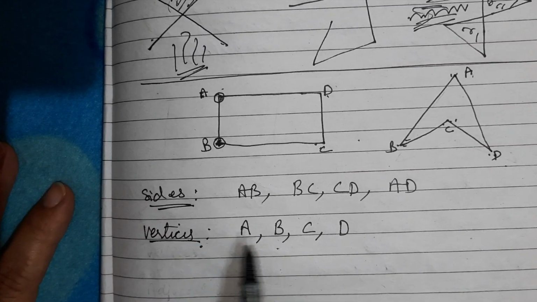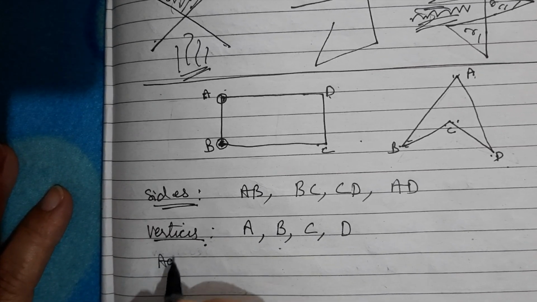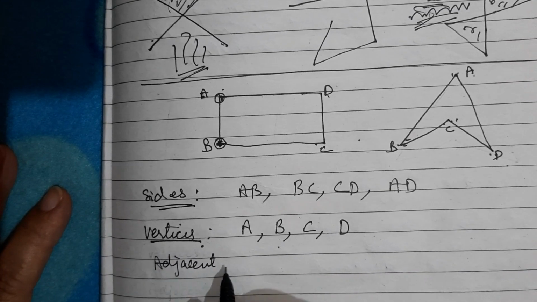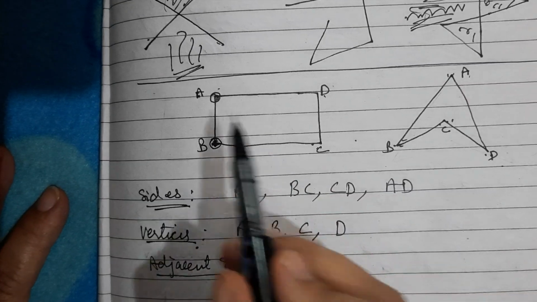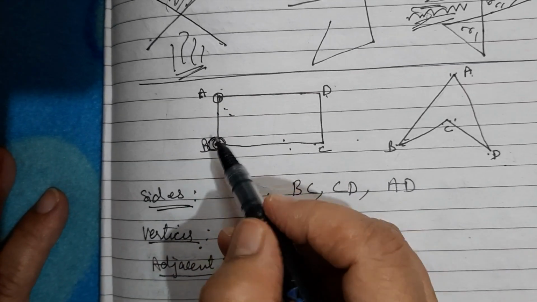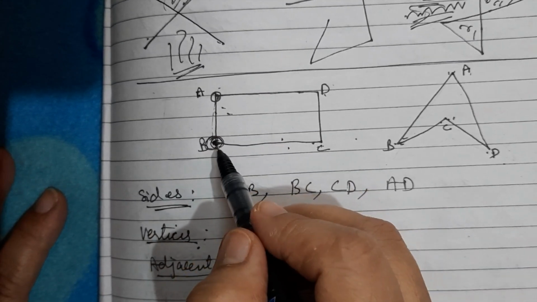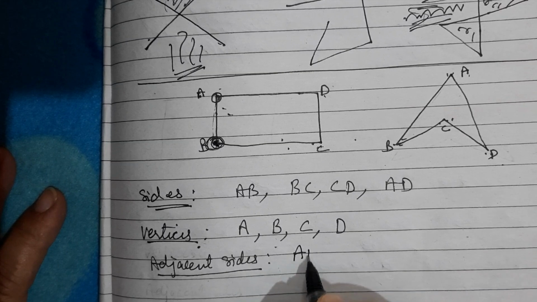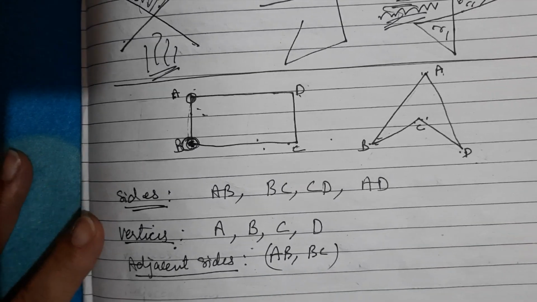Other important parts related to polygons are adjacent sides. Adjacent sides means two sides which are sharing one common vertex. So AB and BC are both sharing the common vertex B, so AB and BC are adjacent sides.